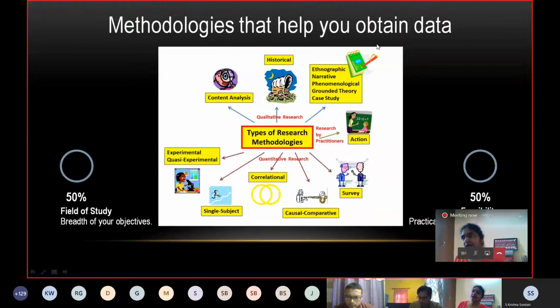You can have an ethnographic narrative, which gives precedence to your data. You can use historical data. You can have content analysis, and you can have experimental or quasi-experimental data, or single subject data. So there can be different types of methodologies. There are qualitative research methods. There are quantitative research methods.